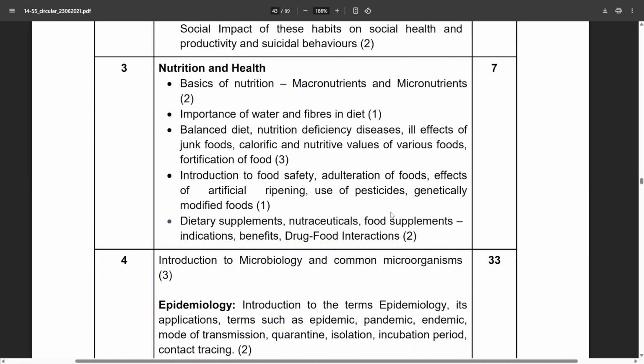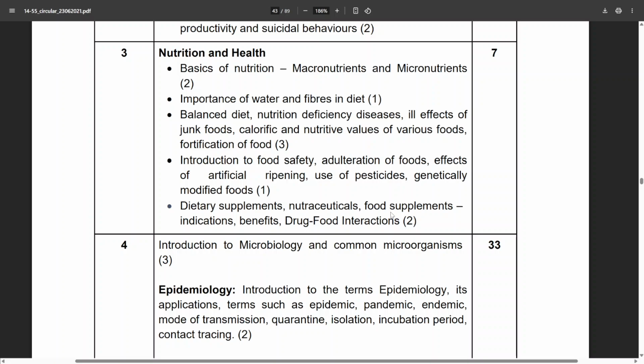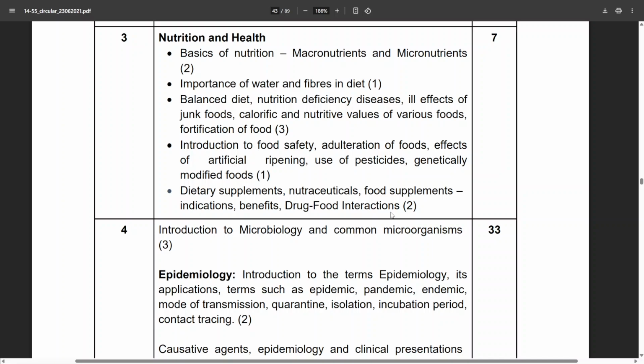Chapter 3, nutrition and health: basics of nutrition, macronutrients and micronutrients, importance of water and fibers in diet, balanced diet, nutrition deficiency disease, ill effects of junk food, calorific and nutritive values of various food, fortification of food, introduction to food safety, adulteration of food, effects of artificial ripening, use of pesticide, genetically modified foods, dietary supplements, nutraceuticals, food supplements, indications, benefits, drug food interactions.